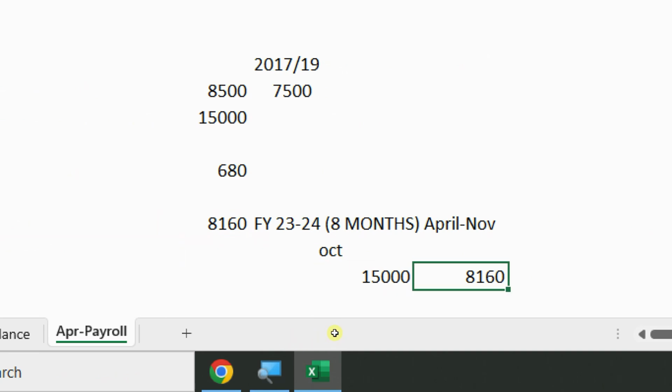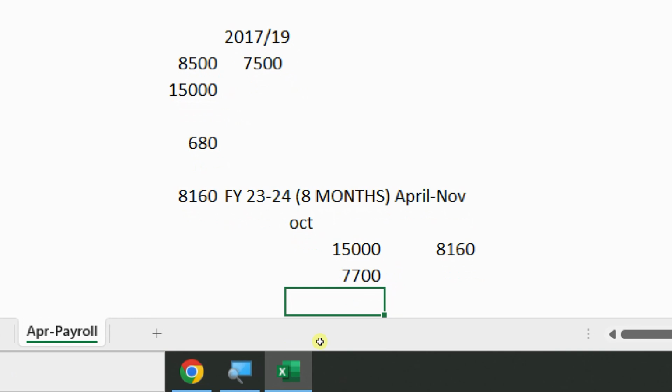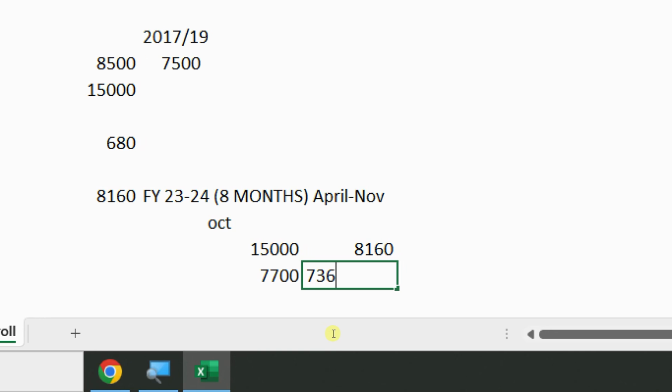In the next year he will receive 15,000 plus half of 15,000. Now he will feel that the one employee whose basic was 7,700 got another 3,600, whatever.